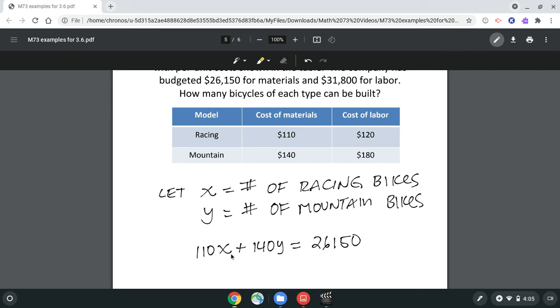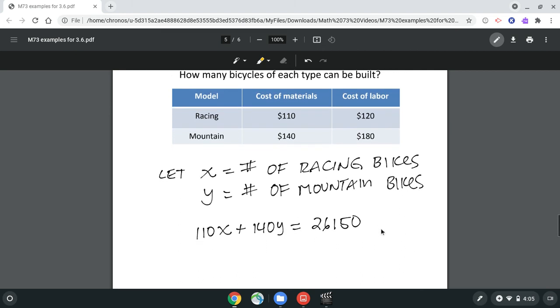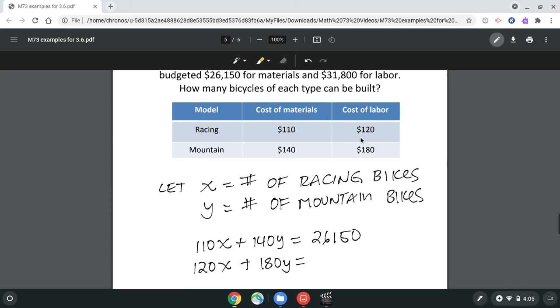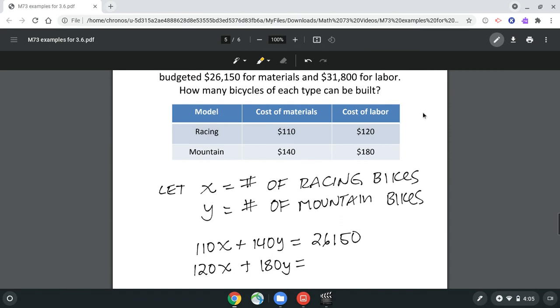Okay, so we want the total cost for materials to equal this, and at the same time, we want the cost of labor, which is 120 times X plus 180 times Y, to equal, how much did they allocate? 31,800.